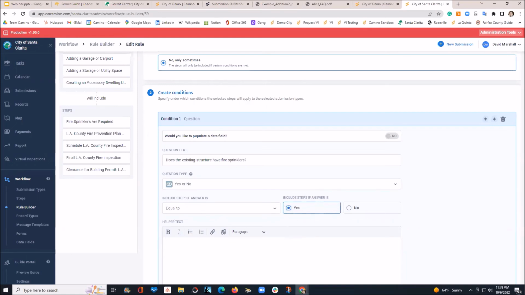We did have a question come up on sharing a ballpark range about how long it takes to set up the rules, knowing it depends on the size and scope of the municipality. Great question. We have 2 options. We have a Camino-led implementation. Obviously, by the name, Camino manages the implementation.